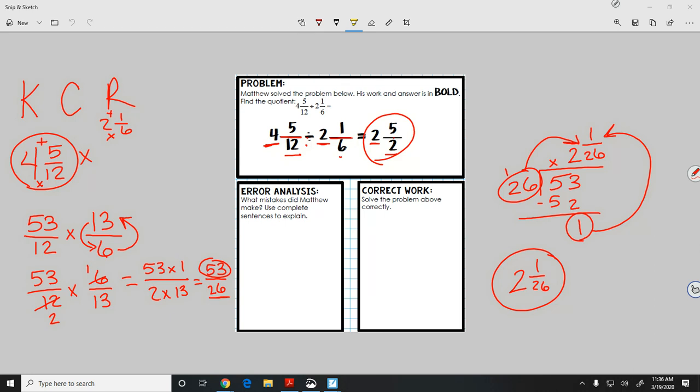So when you write yours, what we could say is that Matthew did not change the mixed numbers into improper fractions.